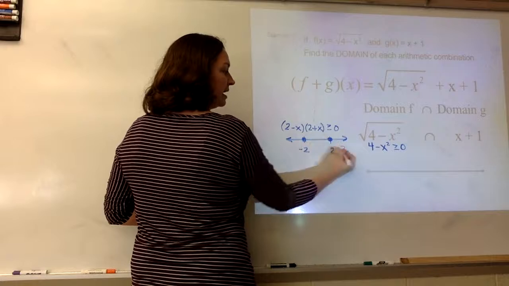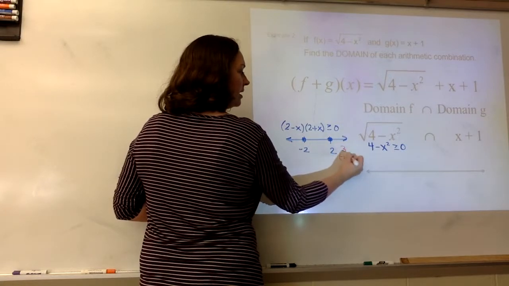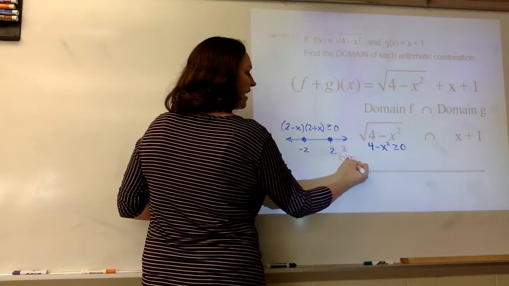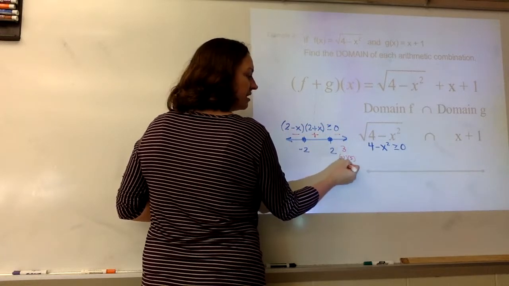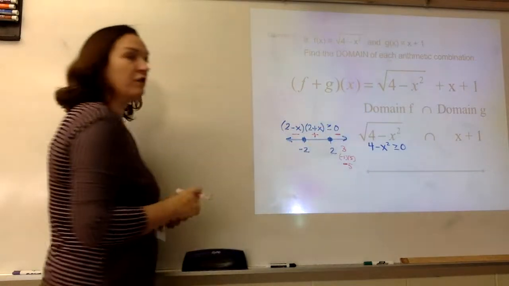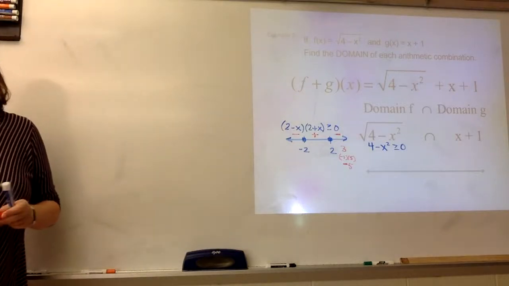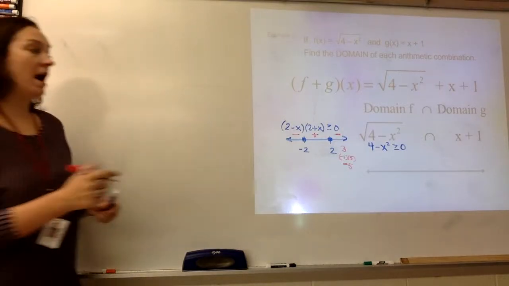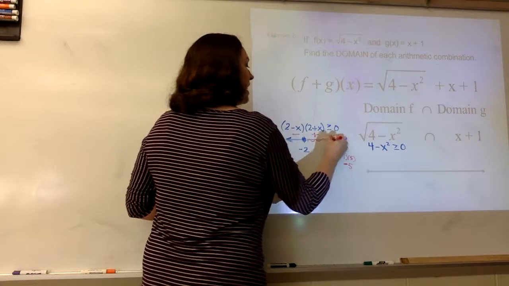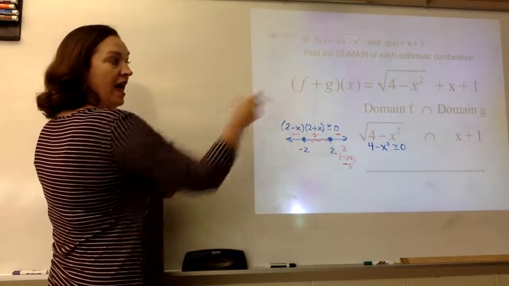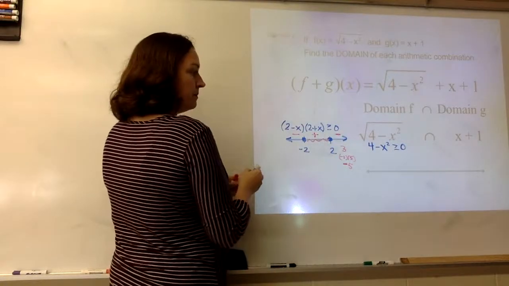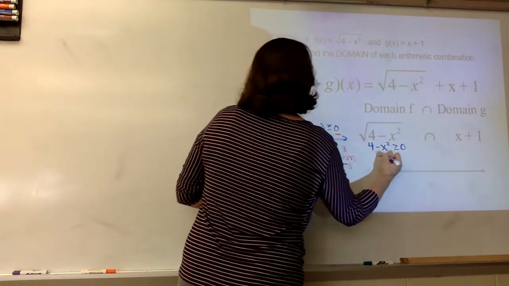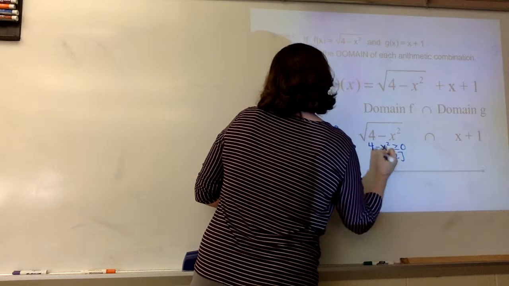If I plug a 3 in here, don't I get -1 times 5, which is -5? My signs will alternate. This negative matches this negative. And I'm looking for which region, positives or negatives, for greater than. Positives. So my domain for the left f function, and I say left because it's written here, is going to be between -2 and 2 with a bracket.